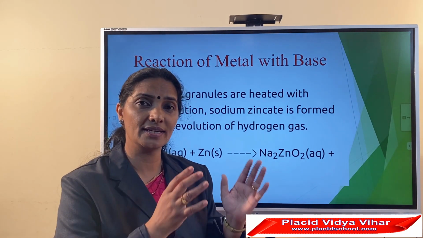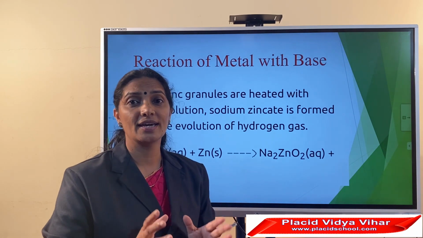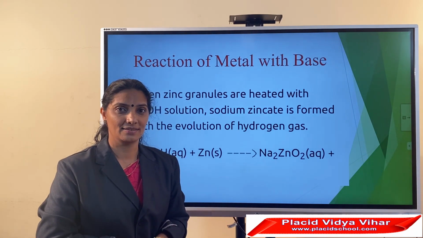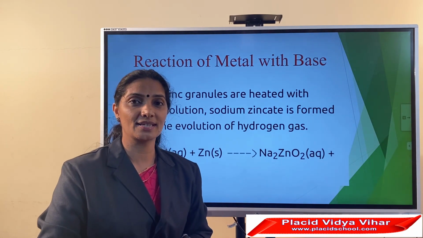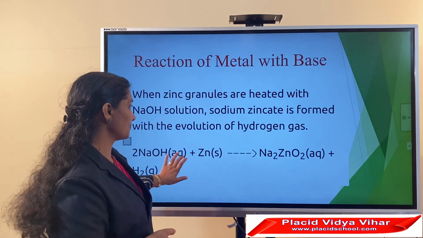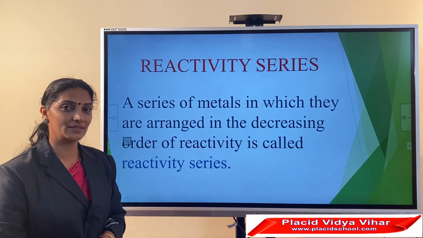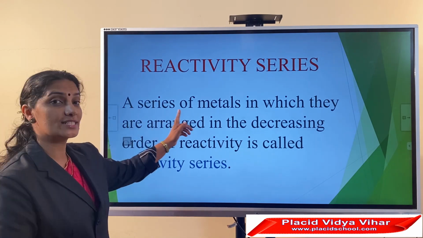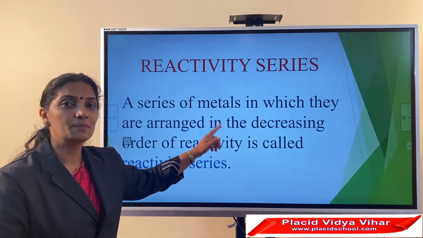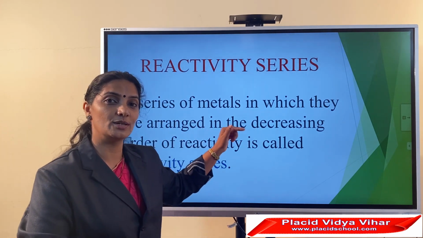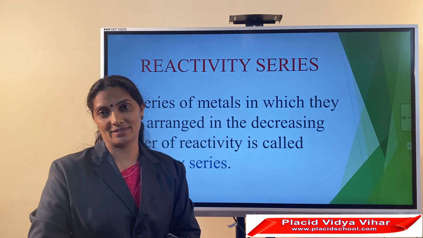So based on their reactivity, we have a series of metals. That series is known as reactivity series. What is reactivity series? A series of metals in which metals are arranged in the order of decreasing reactivity.